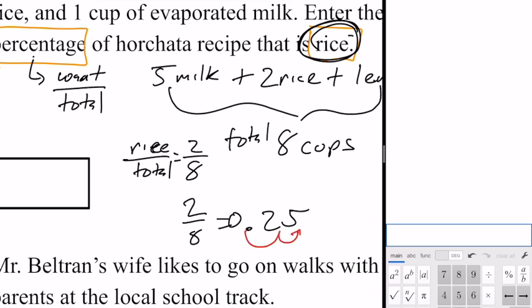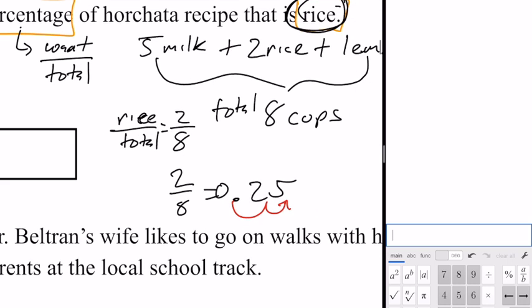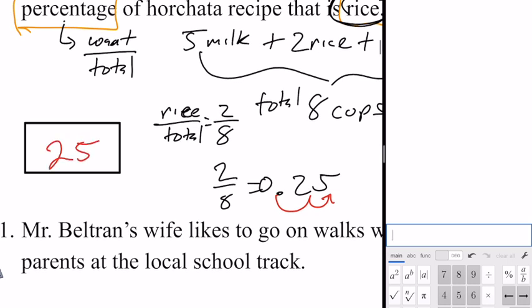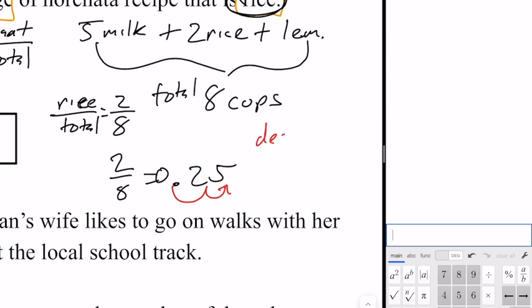You've got to move the decimal place twice to the right. So this one is going to give me 25%. So again, to go from decimal to percent, you move the decimal 2 places to the right.